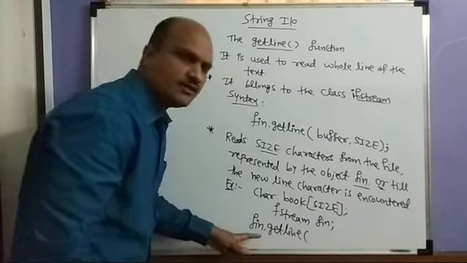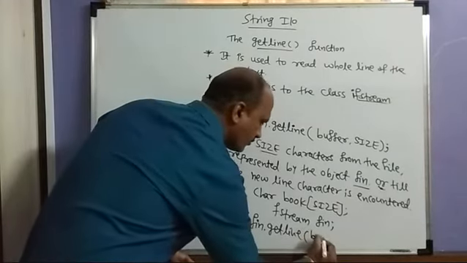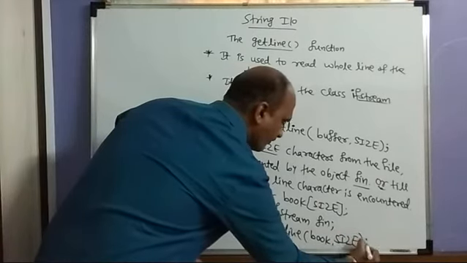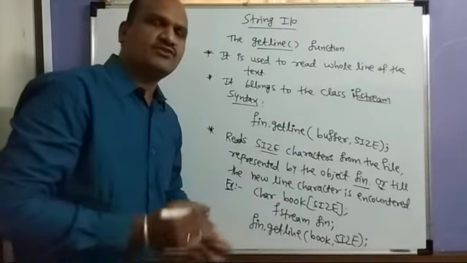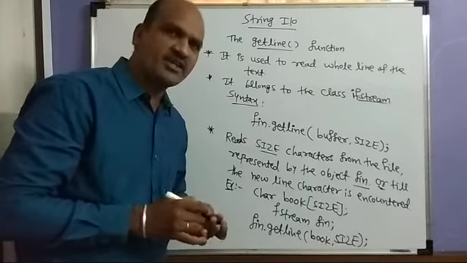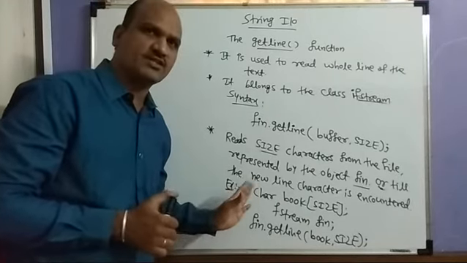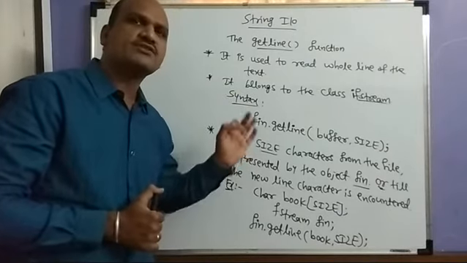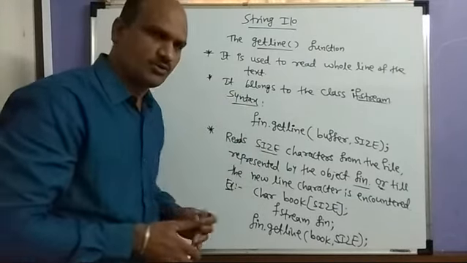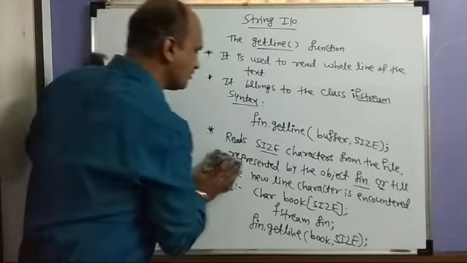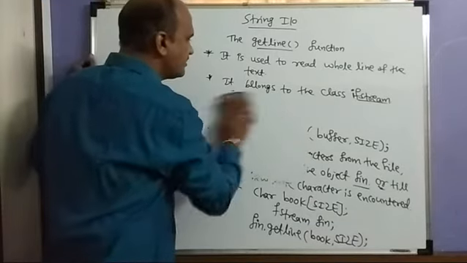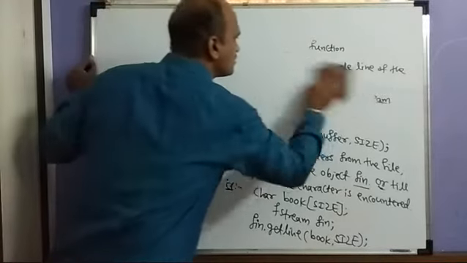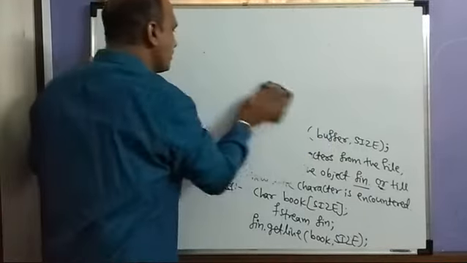So we have to read the book with the size. This is how you can represent the getLine function. We call this getLine function string input output. We should remember the syntax and the example of the getLine function, which reads the whole line of the text.